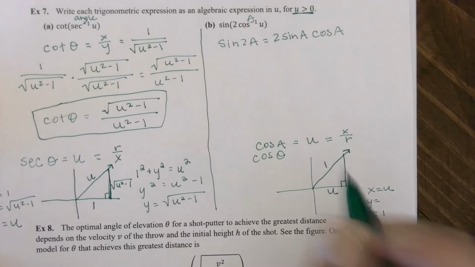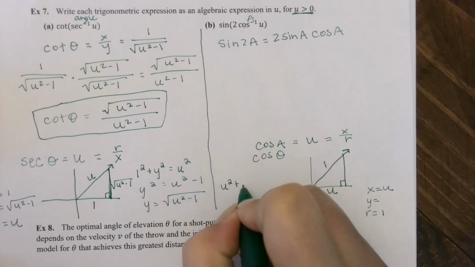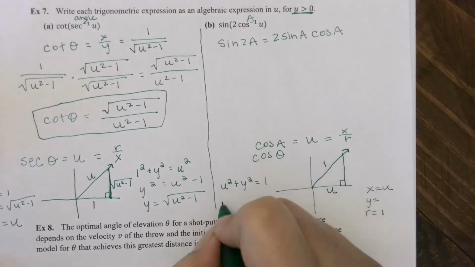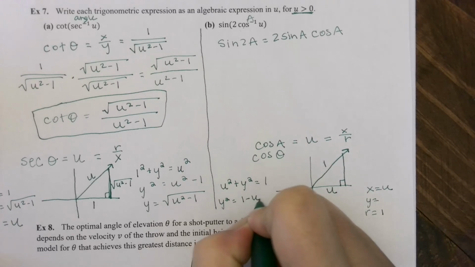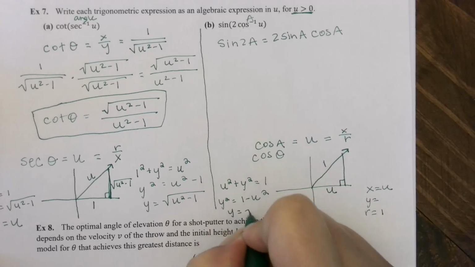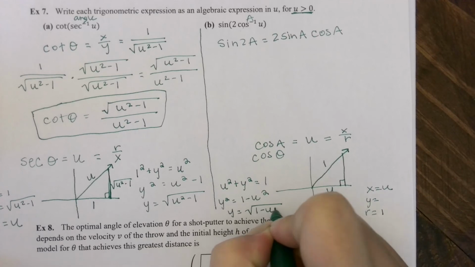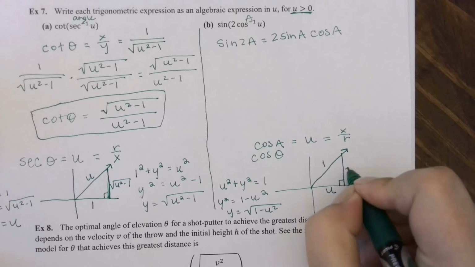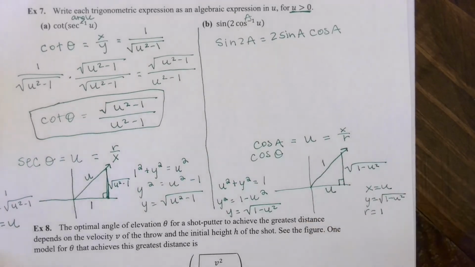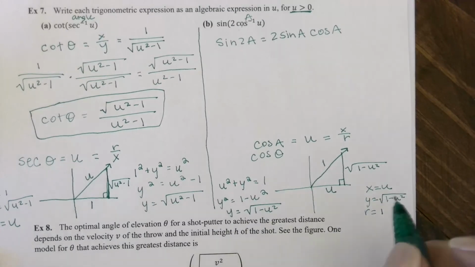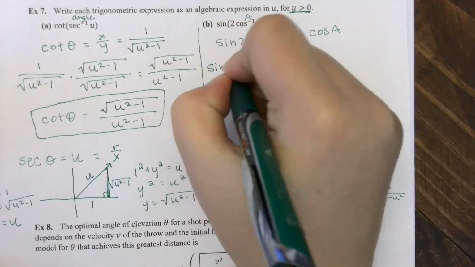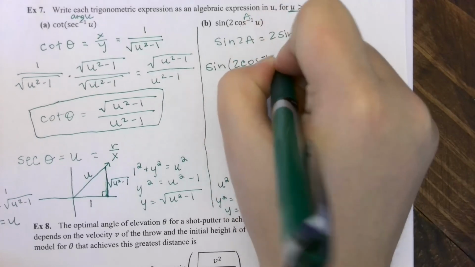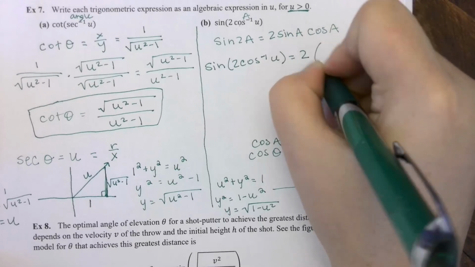So then we have x squared, which is u squared, plus y squared equals 1 squared, which is 1. So y squared equals 1 minus u squared, which is y equals the square root of 1 minus u squared. Now we go back and plug in. Sine of 2a, which is sine of 2 cosine inverse u, is equal to 2 times sine of a.